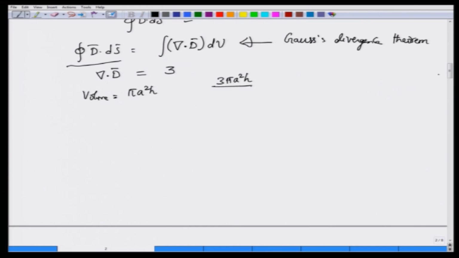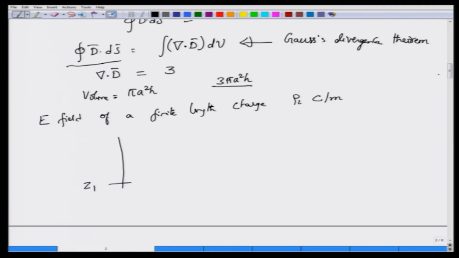Here I want to consider calculating the electric field of a finite length charge which has a uniform charge density of ρL coulomb per meter. The charge is lying along the z axis, between the planes z1 and z2.